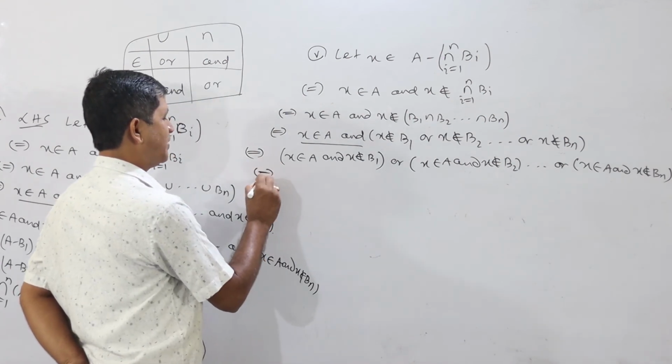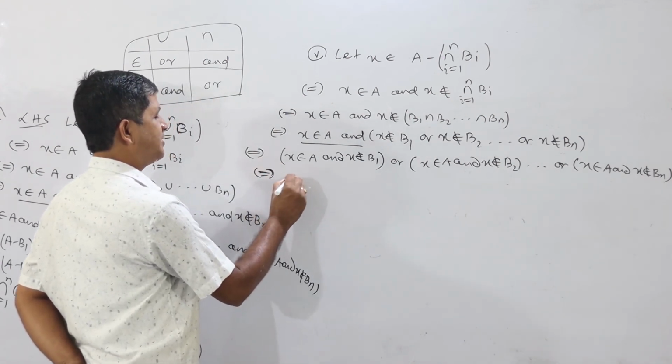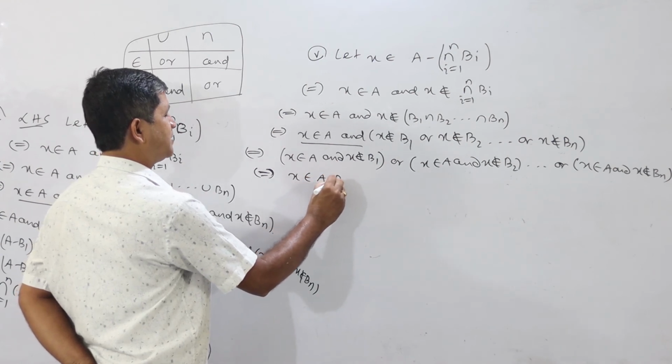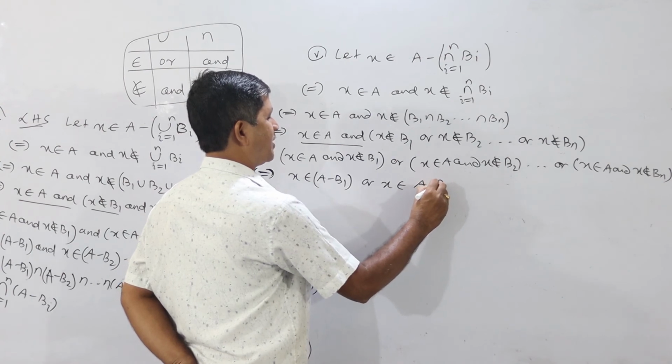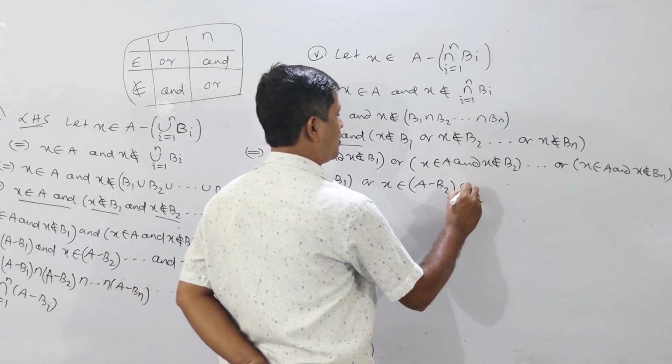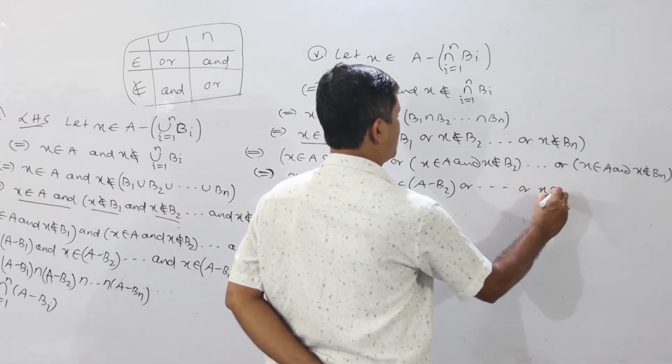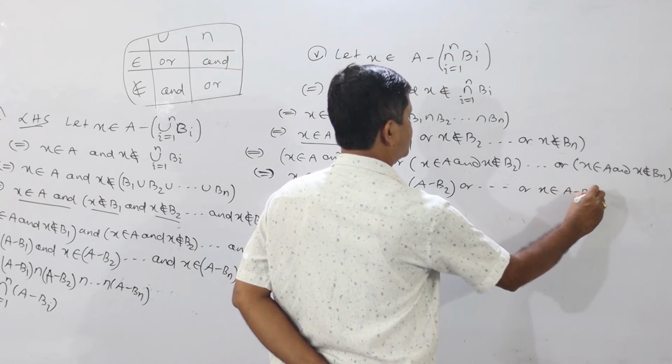Now x belongs to A and does not belong to B1 means x belongs to A difference B1, or x belongs to A difference B2, or ... or x belongs to A difference Bn.